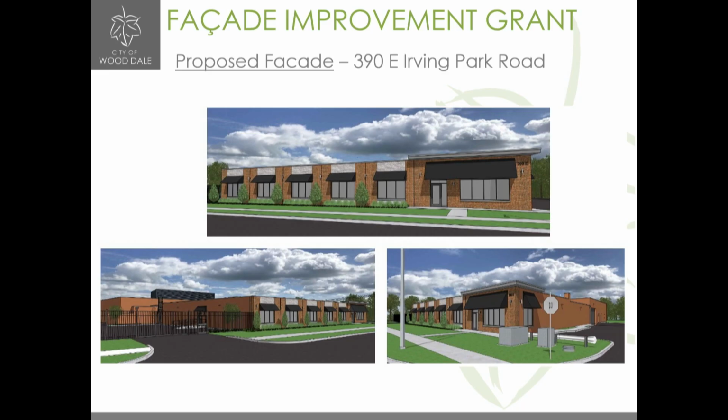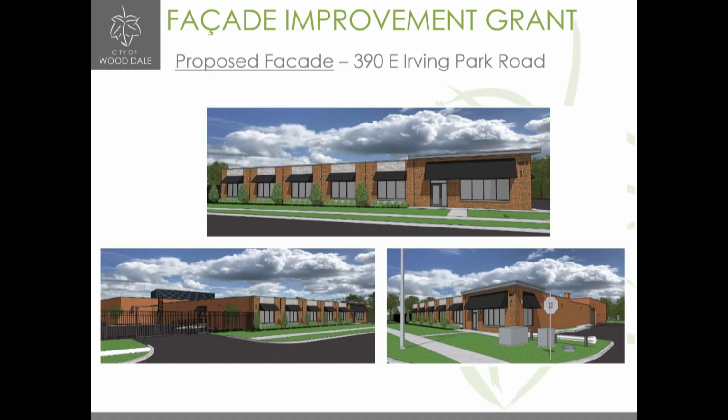The applicant is Direct Food Services, represented by its COO, Diego Diastis, who is here this evening. DFS is a frozen meal manufacturer that prepares custom meals for airlines, railroads, and for companies selling ready-made meals online. The intent of this building is to expand their catering business.